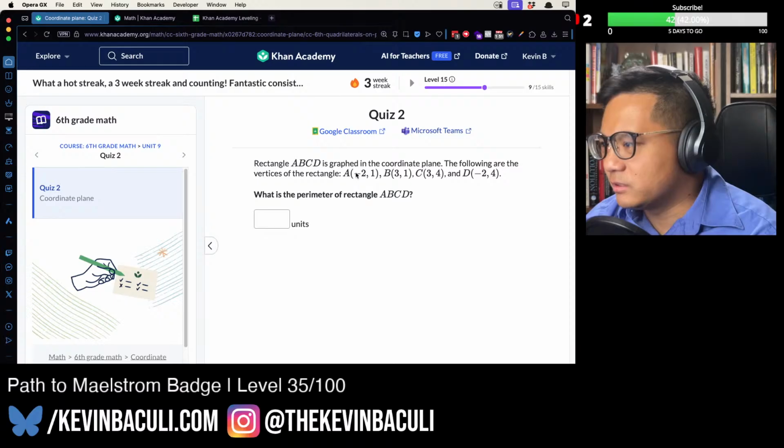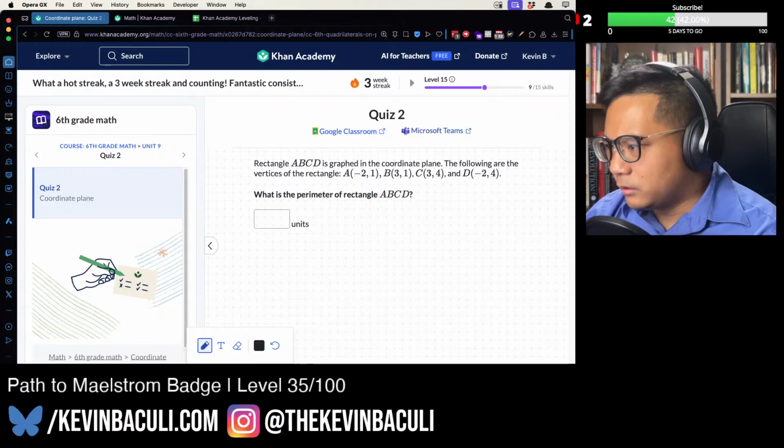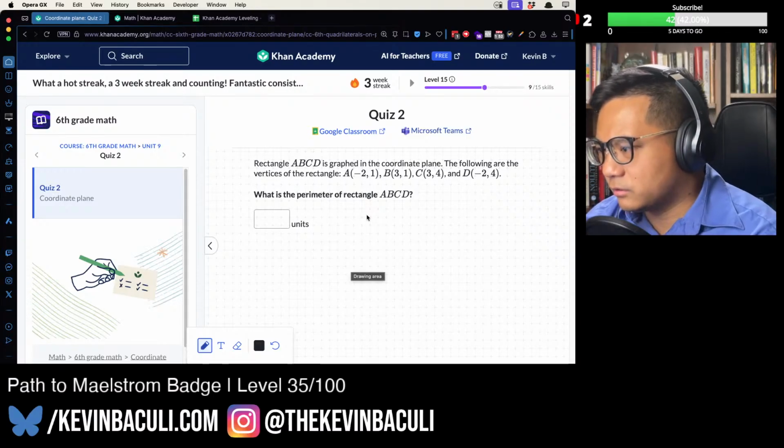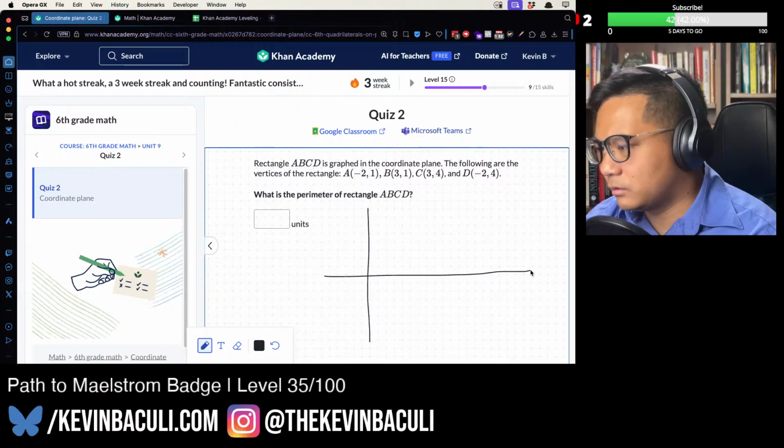Rectangle ABCD is graphed in the coordinate plane. Okay, vertices: A is -2, 1, B is 3, 1, C is 3, 4, and D is -2, 4.